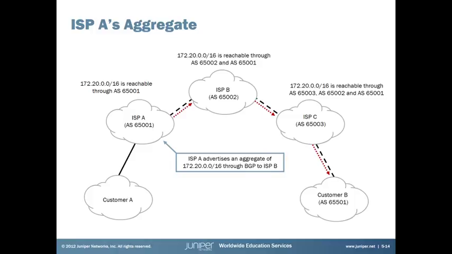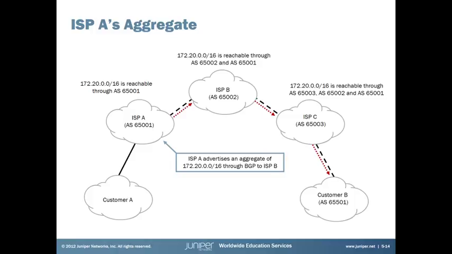The thing to note with this process is that every time a route is re-advertised, the autonomous system number of the advertising router, or the advertising AS, is added to the route.